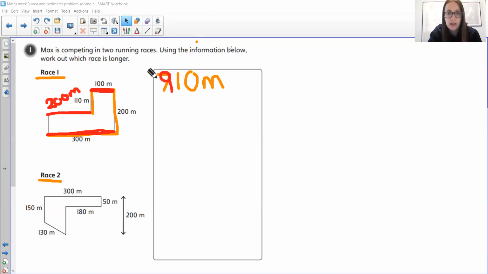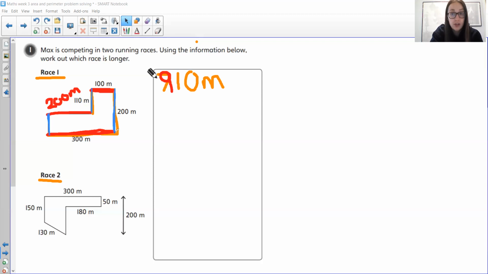Right, next bit then, let's go for blue, I think, and we'll make it a little bit thinner. So now we need to work out this unknown length here. Which lengths are we going to use this time? So I want all the ones that are going down vertically. So this one's 110, this one here is 200.